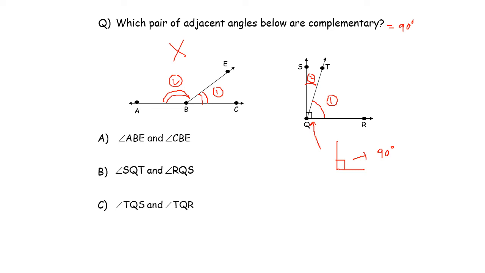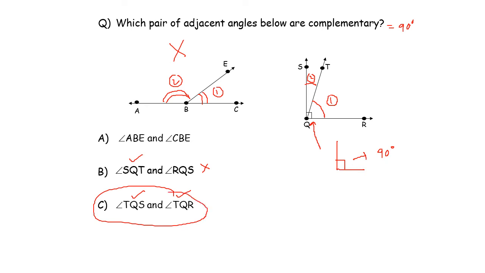The names of the angles are angle SQT and angle TQR. Not this one, TQS and TQR. These are supplementary. I'm sorry, complementary angles. So the answer is C.